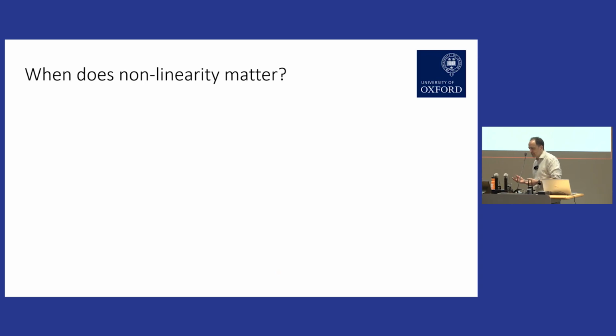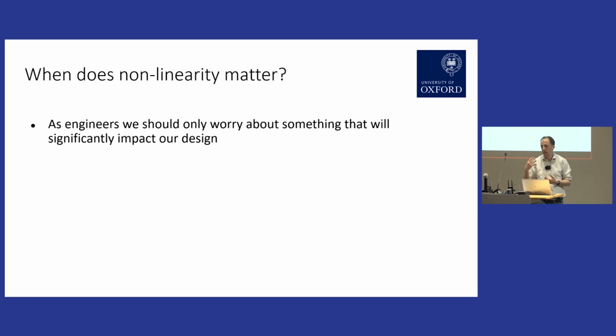As engineers, it's really important we don't get carried away in just trying to tackle problems because they're technically interesting, or because we see a way of resolving some technical ambiguity. It's really important that we only put time into doing a slightly fancier or more complicated solution when it's actually going to impact our design.